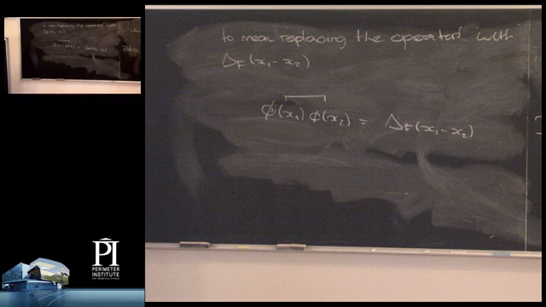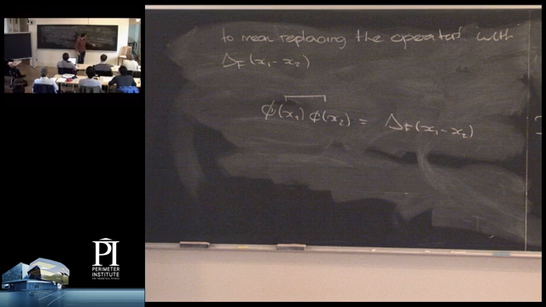And leaving everything else as below, okay? So I give you a string of operators. The operation of contracting two of them, which is denoted by putting this line that connects those two, means just removing those two operators from the string and replacing them with this Feynman propagator, which is just a function, so it doesn't matter where it sits in the string of operators. You just put it out front.